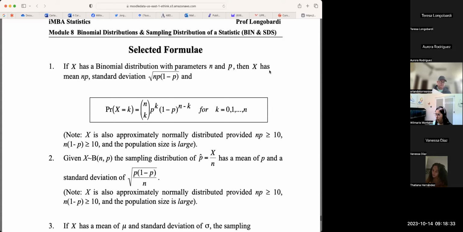And the other way to know is a combination of the p and n. If p is 0.5, we know it's going to be symmetric, but it might not necessarily be normal. A higher sample size will make it closer to normal, even if you don't have a p of exactly 0.5.